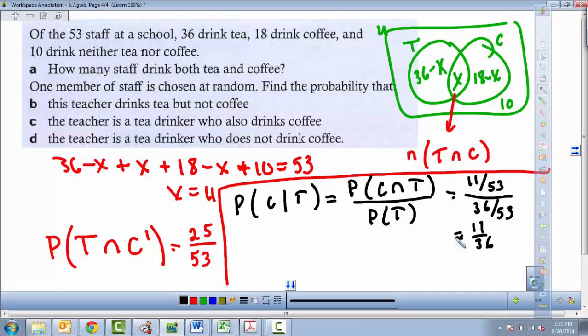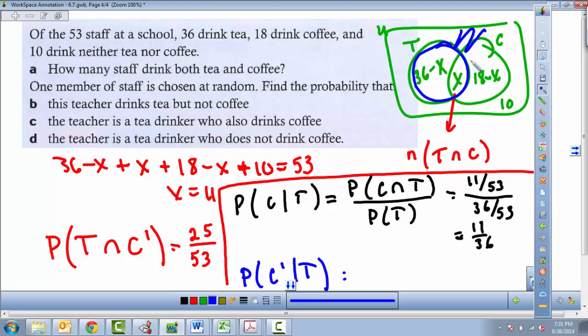Now for part D, I'm going to take a slightly more intuitive approach, and you're welcome to do this on your exams. The teacher is a tea drinker who does not drink coffee. So the probability of not coffee given that they like tea, which means we know that they have to be in this circle, and we don't really care about anything else.